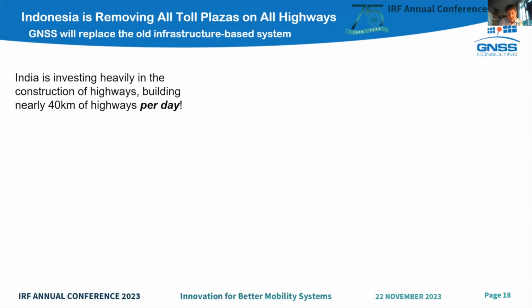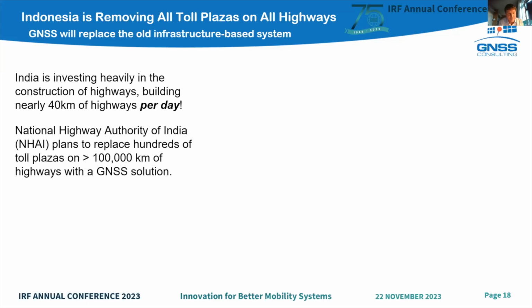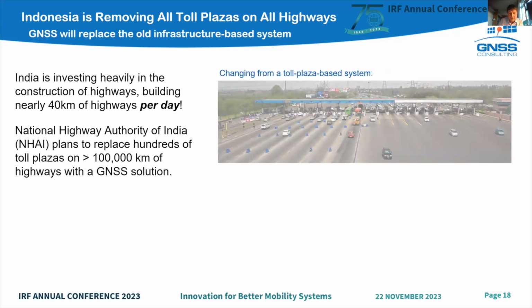India is especially interesting, not only because it's the largest country in the world in terms of population, but they build 40 kilometers of highways per day. So that's remarkable. How are they going to finance this if they do not do tolling? Do they want to waste their time building toll plazas? Of course not. So that's why they're planning to replace all the toll plazas on 100,000 kilometers of highways with a GNSS-based solution.